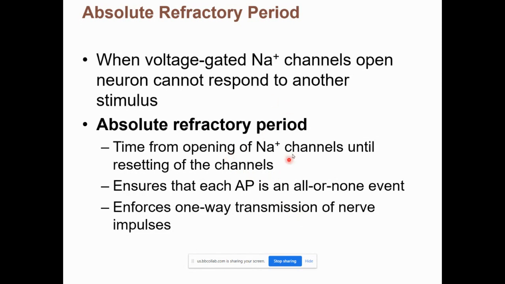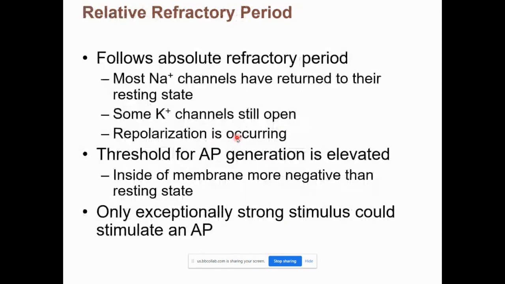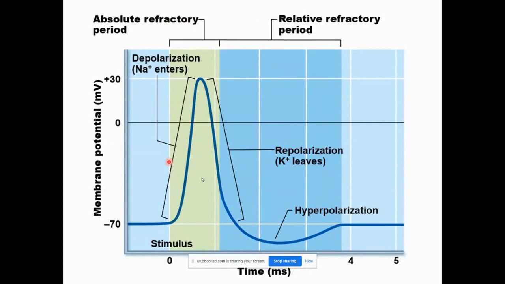There's a couple periods. We already talked about the latent period a couple chapters back. That's the excitation contraction coupling. That was with muscle. But there's two periods in this chapter, two refractory periods, absolute and relative. Here's the difference.